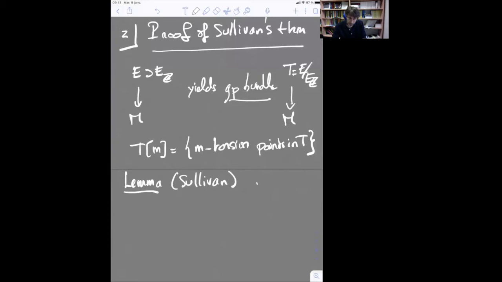That says that suppose you have taken m strictly bigger than 1, then the cohomology class of the set of m torsion points minus m to the n, the 0 section, represents a class in cohomology.